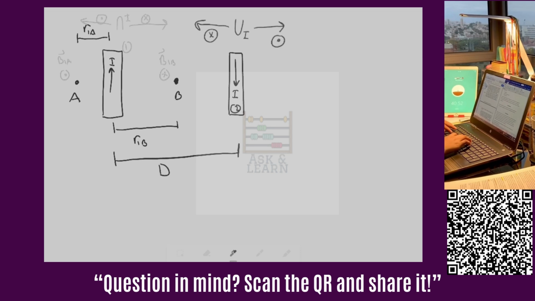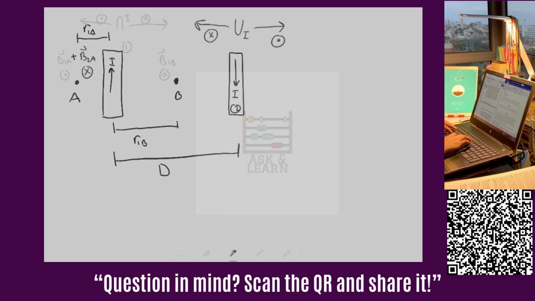So everywhere to the left, our magnetic field due to wire 2 is heading into the page. So that means when I add the magnetic field from wire 2 at location A to the magnetic field at location A from wire 1, we see that it's actually going into the page.